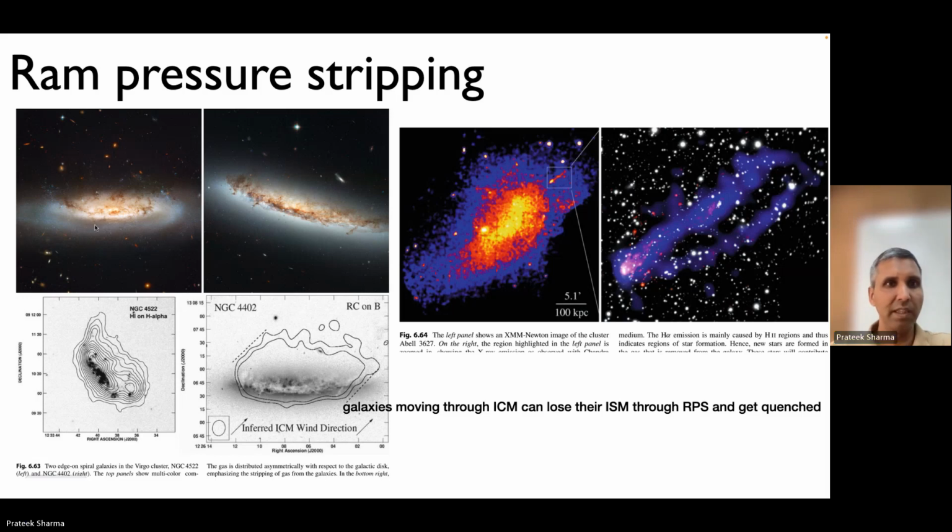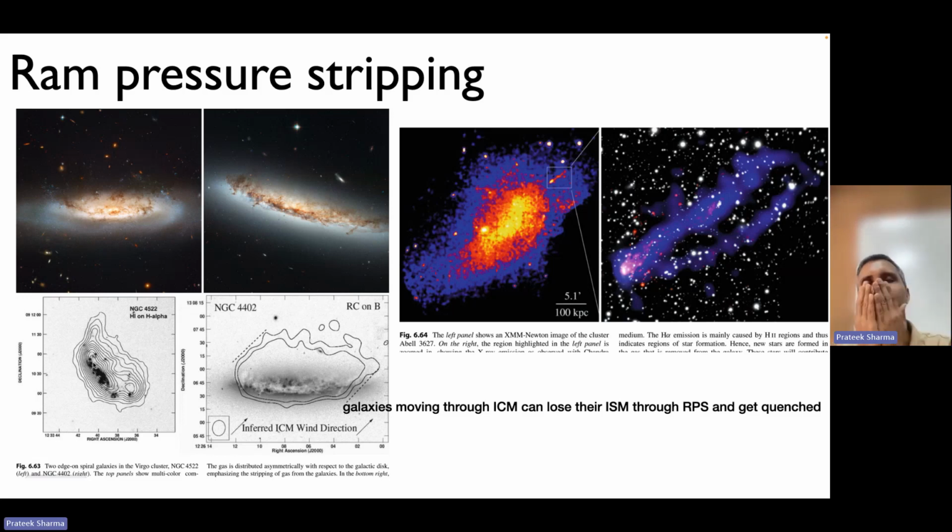So it will just have old stars because the gas has been stripped away and has been subsumed into this intracluster medium. These are 2 examples in the Virgo cluster. These are HI contours. You can actually see the HI has also been combed in the direction opposite to the motion of this galaxy. This in color or in brightness is H alpha emission. Star-forming gas emits H alpha.